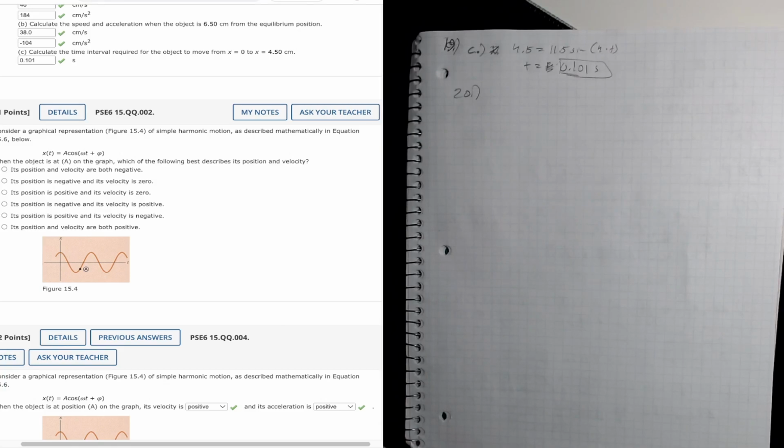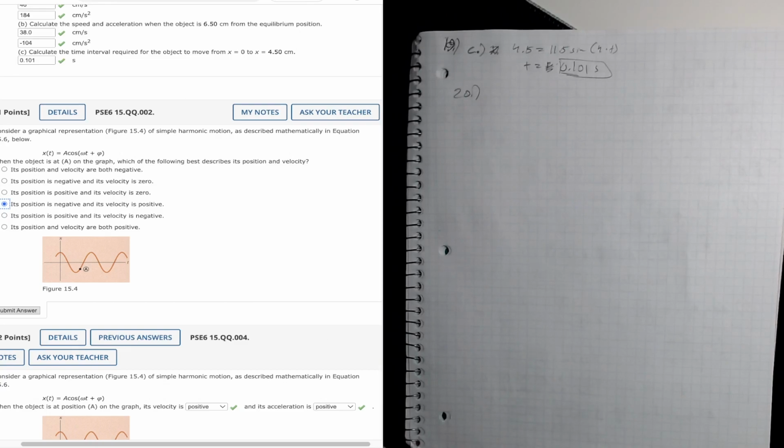Oh, point A on the graph, my bad, sorry. Position is negative, yes. Velocity is 0, no. Position is positive, no. Position is negative, velocity is positive, yes, that's true. Position is positive, velocity is negative, no. Position and velocity are both positive, no.